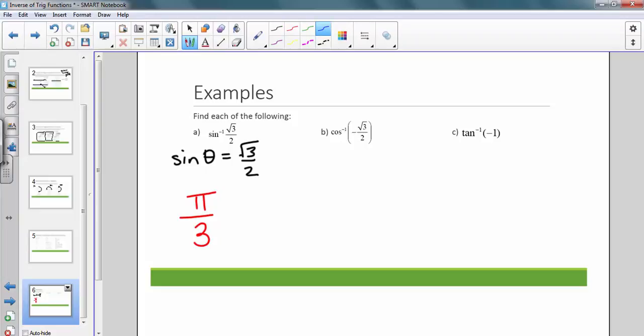Looking at the next example, we have cosine inverse of negative root 3 over 2. So I'm looking for my angle in which cosine is negative root 3 over 2.